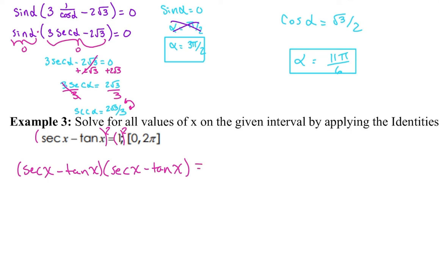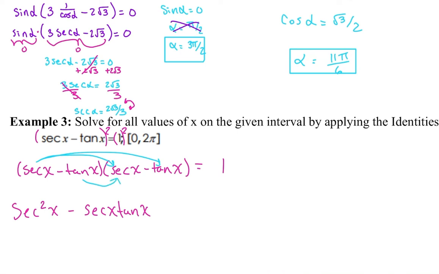That doesn't work. You've got to FOIL it together. On the right side, though, it's just 1 squared, and that's easy. 1 squared is 1, because it's still 1 times 1. And we're going to go ahead and FOIL this out. So secant times secant and secant times tangent. Over here, we're going to get secant squared and then minus secant x tangent x.